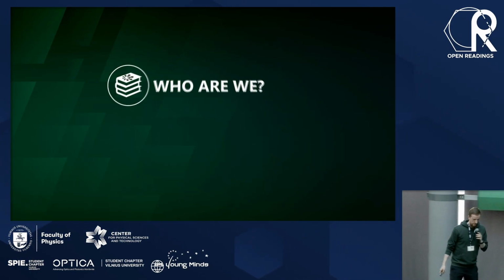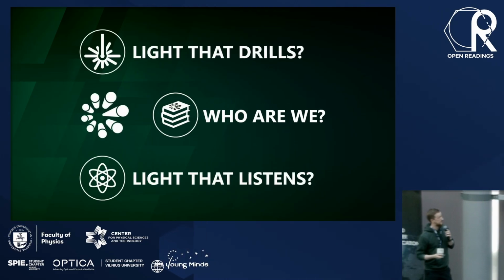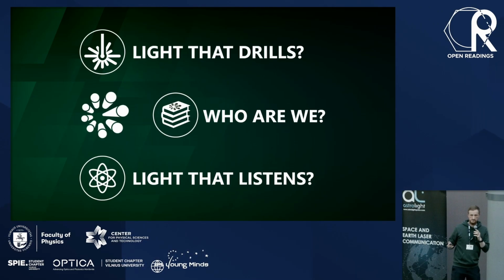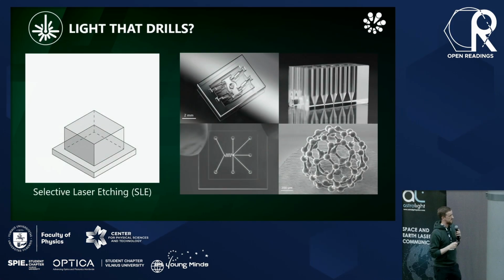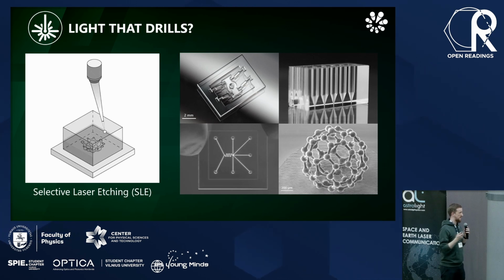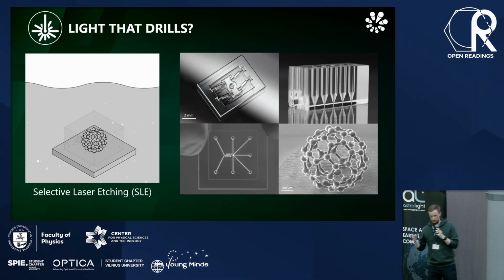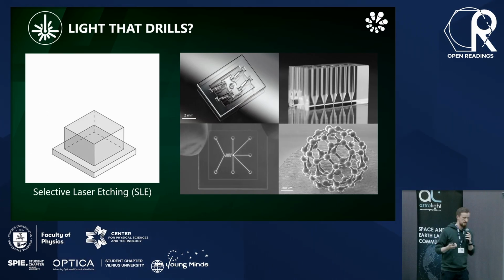So now the topic was laser that drills and laser that listens. I believe that laser that drills, you already figured out, is self-explanatory. You know that we can do many things with the laser: cutting, ablation, drilling, etc. But in this case, it's important because we are talking about drilling of a glass substrate. Glass is quite fragile, and drilling with any mechanical equipment may shatter the glass.